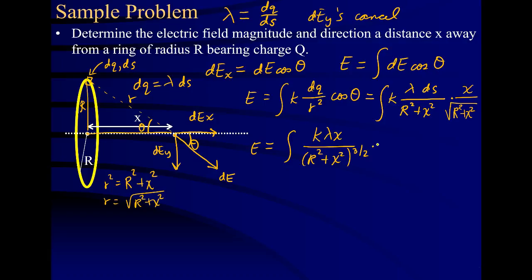Okay? Now, here's the thing. As we go around this ring, nothing in the parentheses here is changing. X is always constant, big R is constant, k and lambda are constants. The only thing that changes, well, is nothing. So this means that we can write the electric field as k lambda x over R squared plus x squared to the 3/2 times the integral of ds.